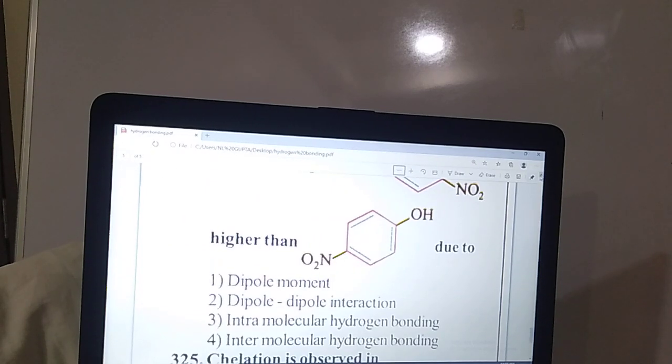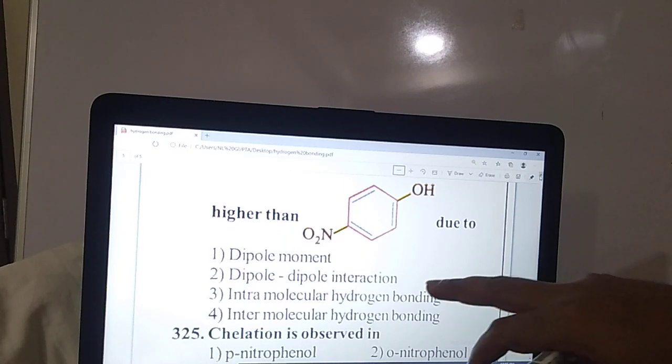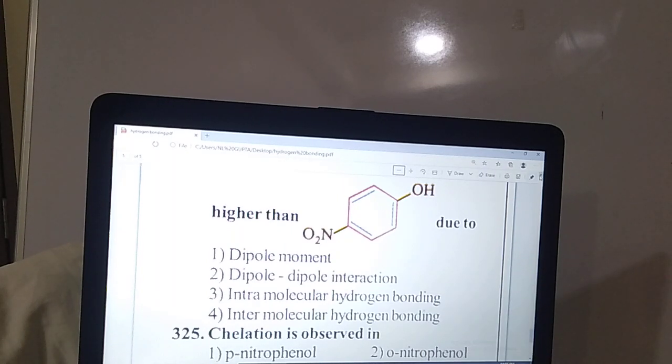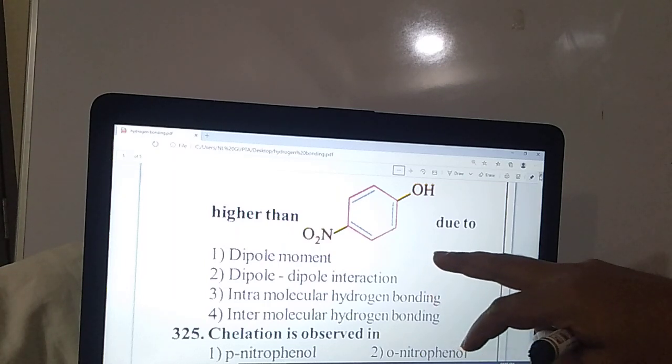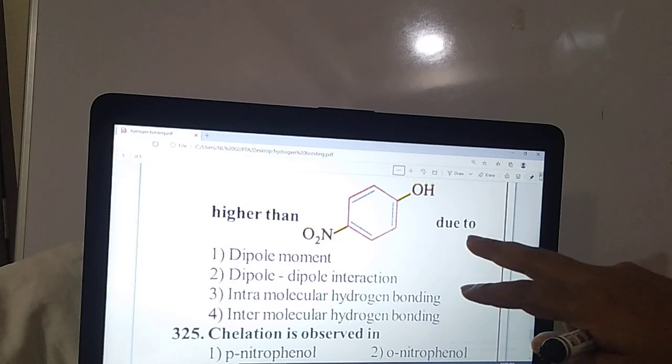What kind of hydrogen bonding? Intramolecular. Orthonitrophenol has intramolecular hydrogen bonding, option number 3. Because of this, it exists as a single molecule, and a single molecule can be easily vaporized compared to a cluster of molecules. So the correct option will be option number 3. If you are not understanding, put it in the message box and I will explain separately.